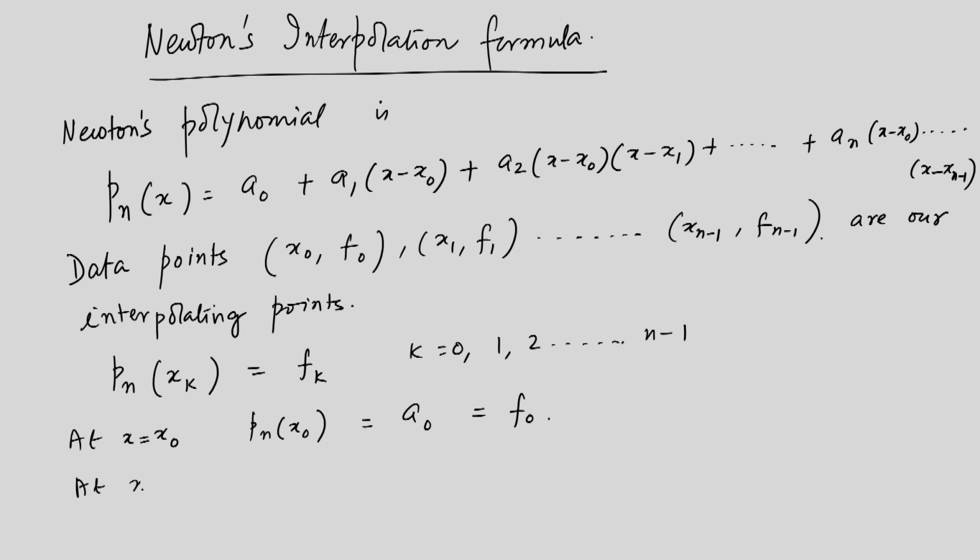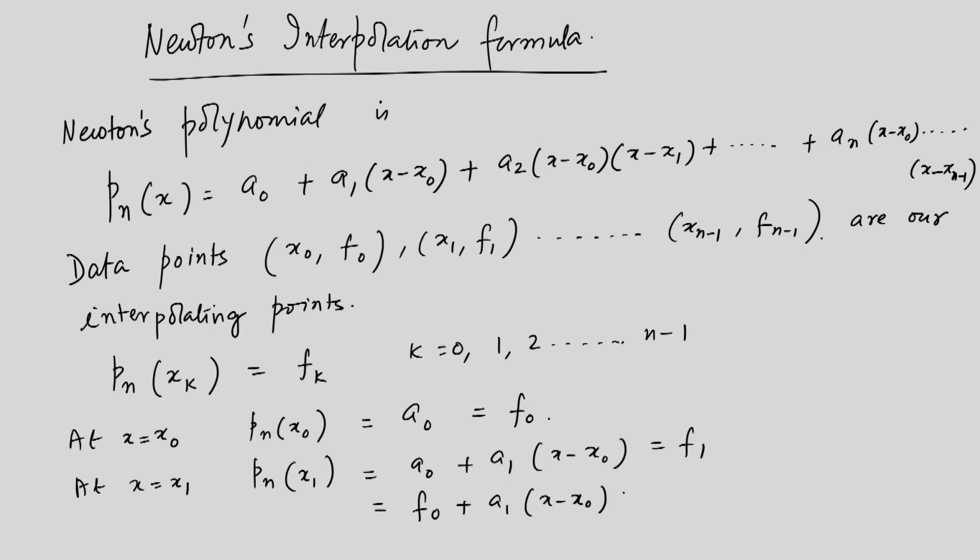At x equal to x 1, P n of x 1 equal to a 0 plus a 1 times (x minus x 0), that is a linear polynomial, which we are going to call f 1, and since your f 0 is a 0, we can simply write it as f 0 plus a 1 times (x 1 minus x 0), and this gives us a 1 equal to (f 1 minus f 0) divided by (x 1 minus x 0), which is typically the slope.